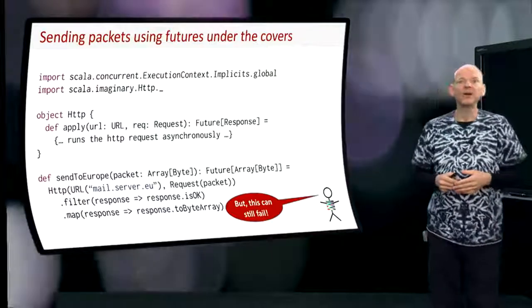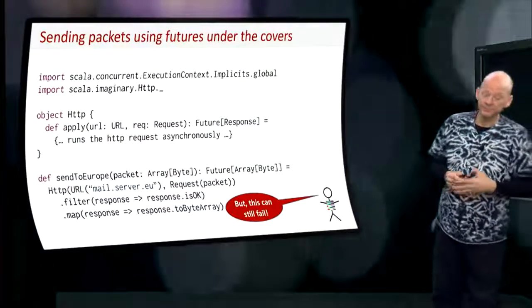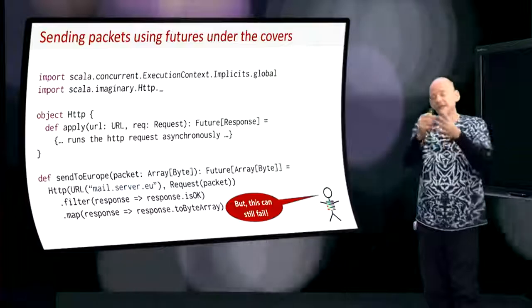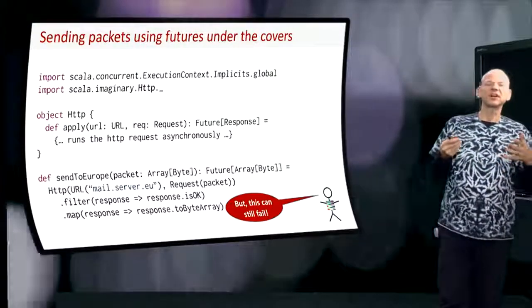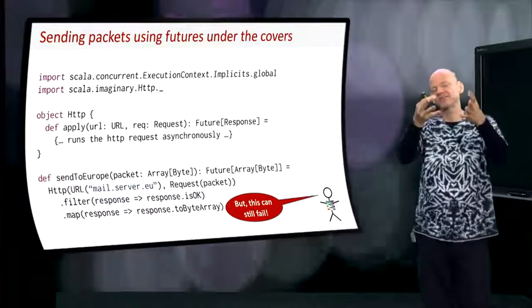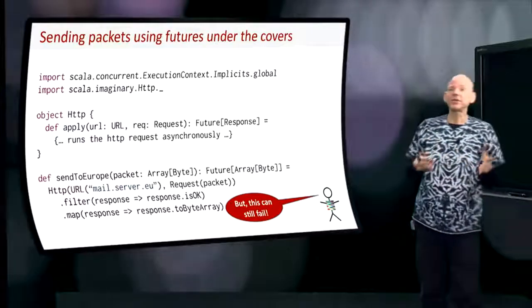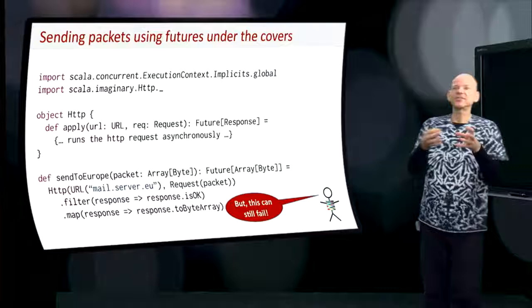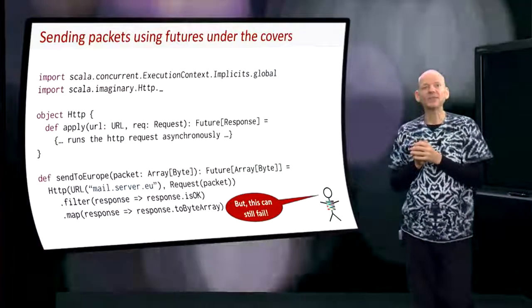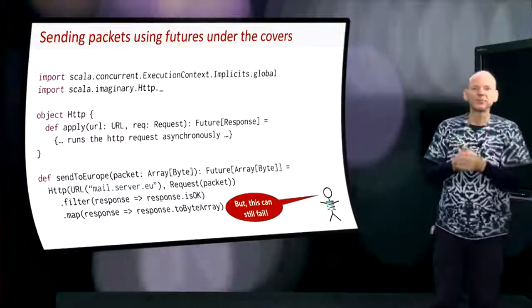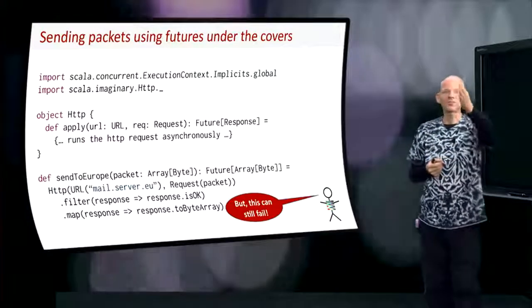All right, now let's dive in a little bit and look at how packets are sent under the covers. Again, this is all toy code. And the reason is that we need some concrete code to build some examples, but this is of course not production code. But let's look here.